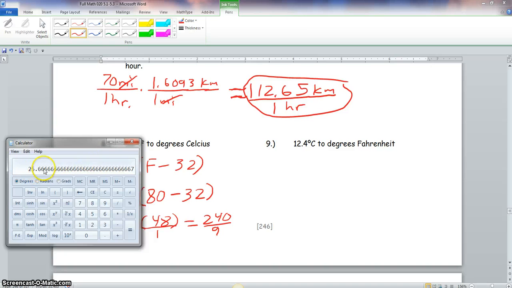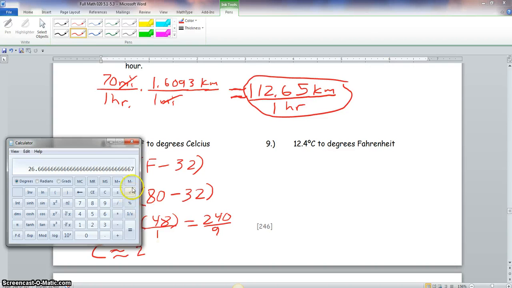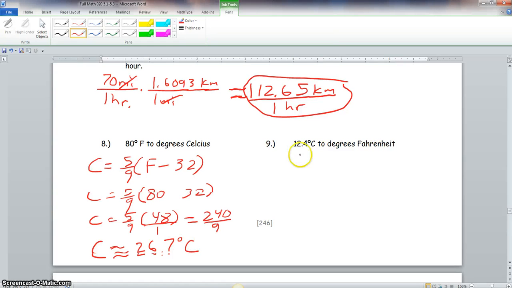So this will end up being 26.7 degrees Celsius. So we have C is approximately 26.7 degrees Celsius. Now, for some reason this jumped, but this is C is approximately 26.7 degrees Celsius. Don't worry about that. Okay, now we come to number 9.